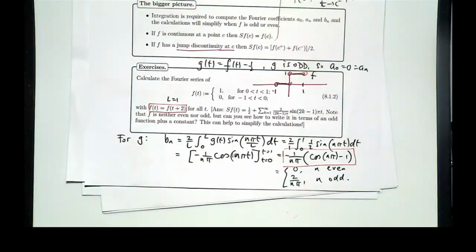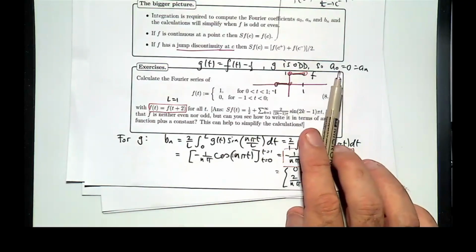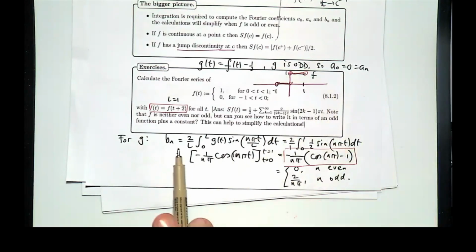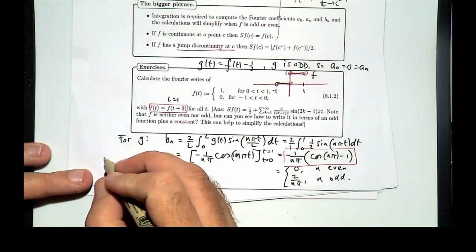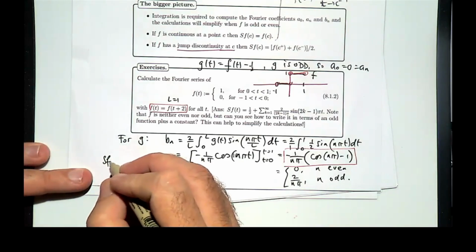All right? So my a_n's are 0, my a_0's 0, and my b_n is this, depending on whether n's odd or even. So what is our Fourier series?